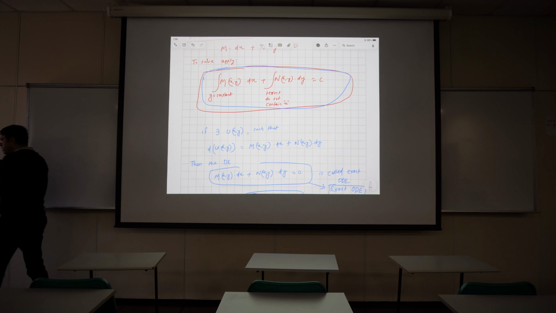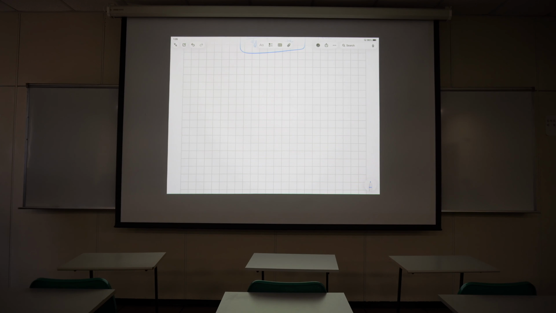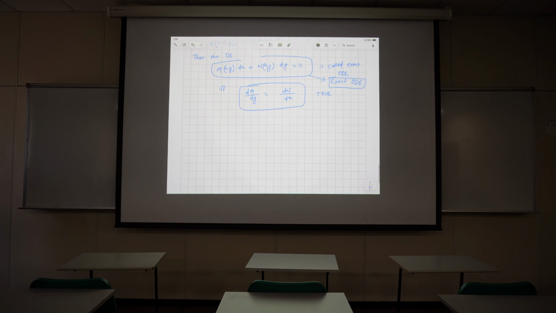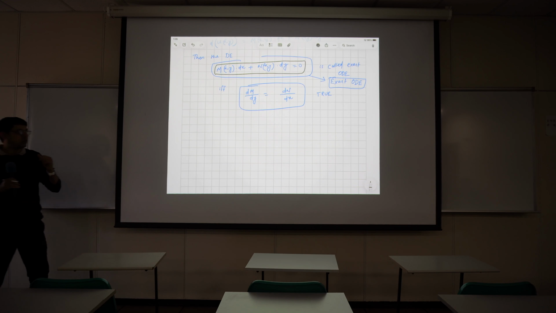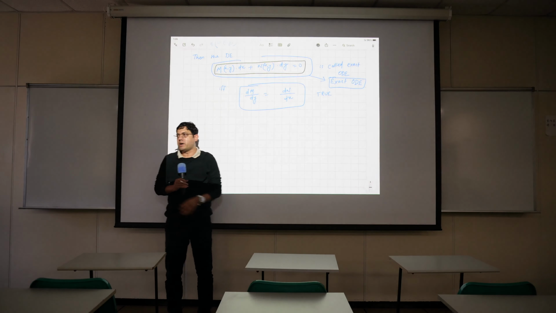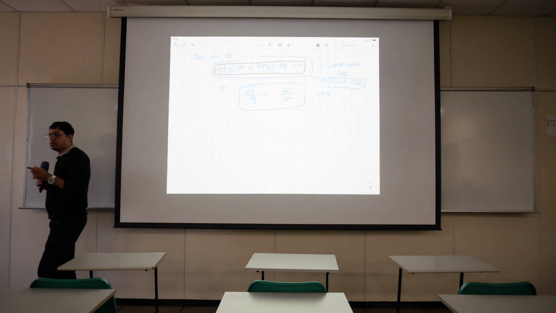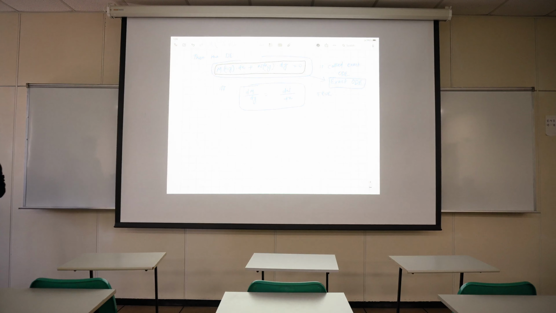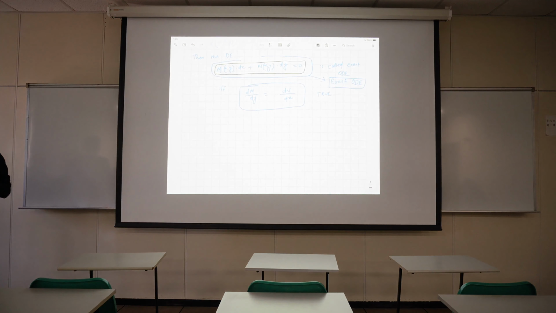If the given ODE is this one, and we found that it is an exact ODE, suppose we try to find dM by dy and dN by dx and we found that the ODE is an exact ODE.